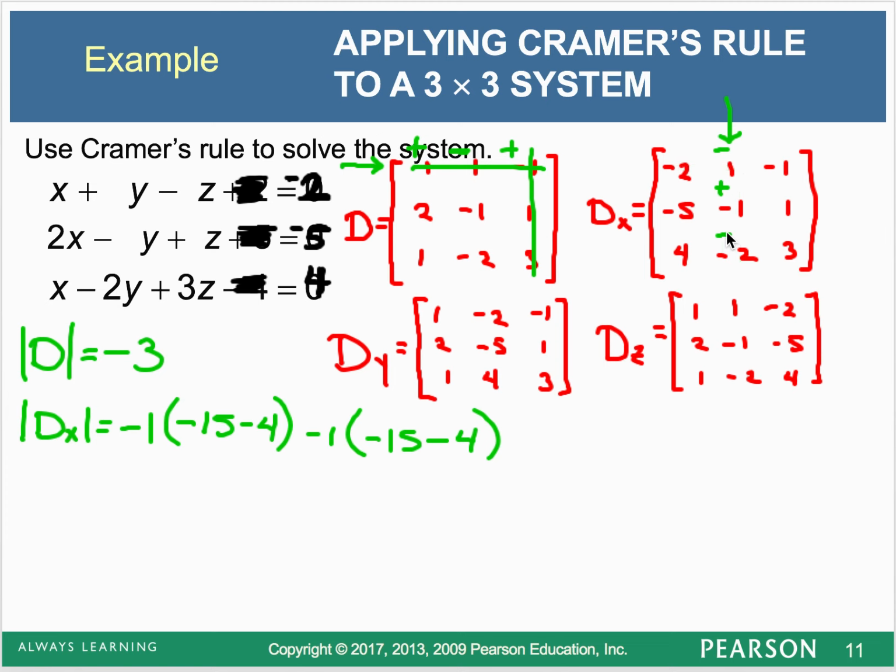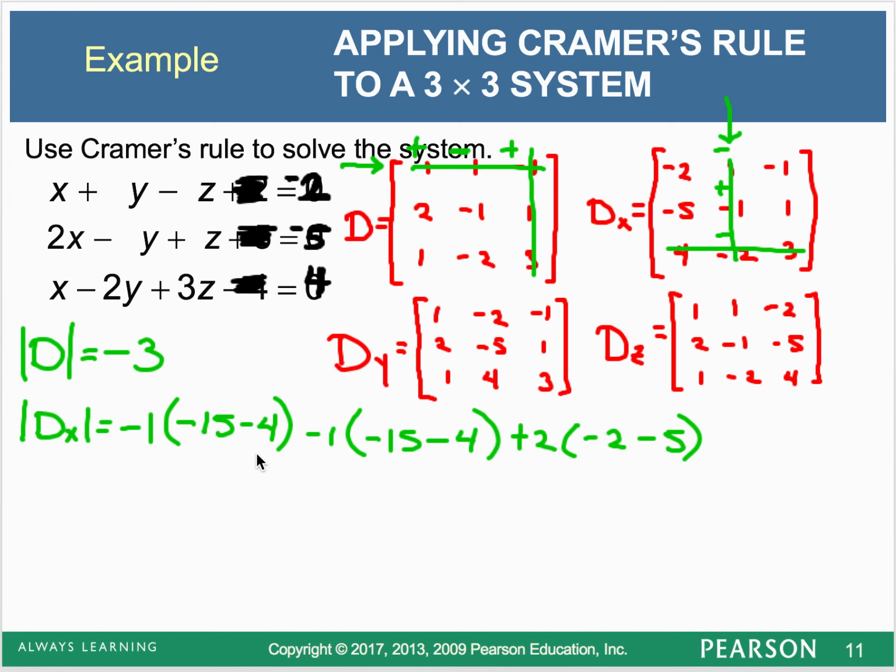Now I've got negative negative 2, so that's going to be positive 2. When I discard that row and column, it tells me that I need to do negative 2 times 1, negative 2, minus negative 1 times negative 5, which is 5, so minus 5.